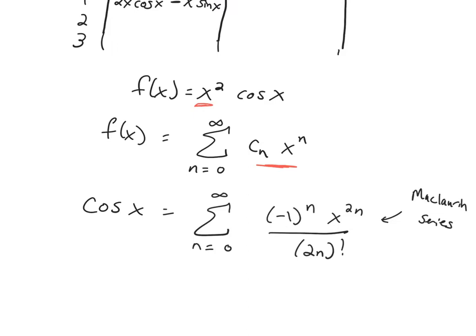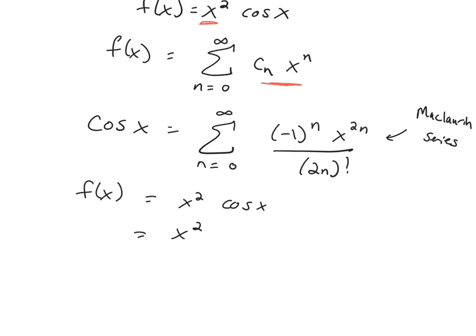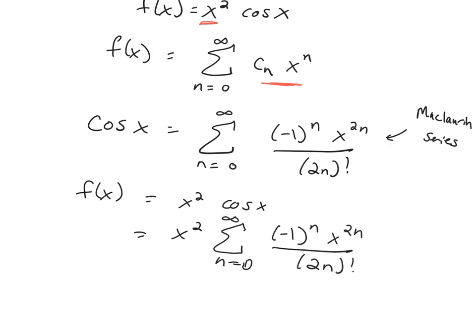So all I'm going to do is multiply that by x squared to get my f of x function. F of x, which I said is x squared cosine x. Now replace cosine x with its Maclaurin series, which is right here. The sum from n equals 0 to infinity, negative 1 to the n, x to the 2n over 2n factorial.